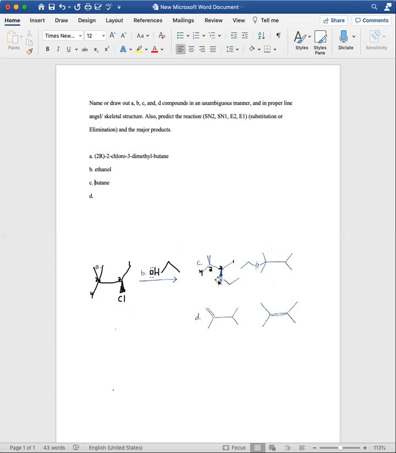First is going to be this one. I want to write it down because this is an ethoxy group, and this is dimethyl, which we had here. Because we have 2 methyls, we call it dimethyl. So the first thing, which is on number 2, is going to be 2-ethoxy.